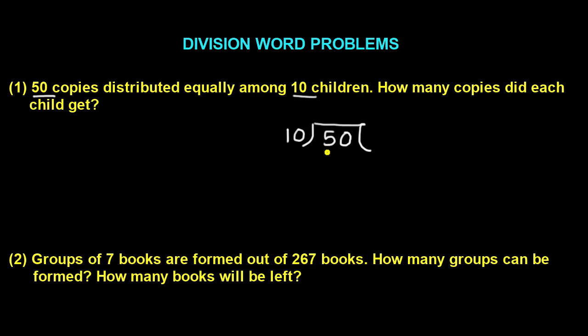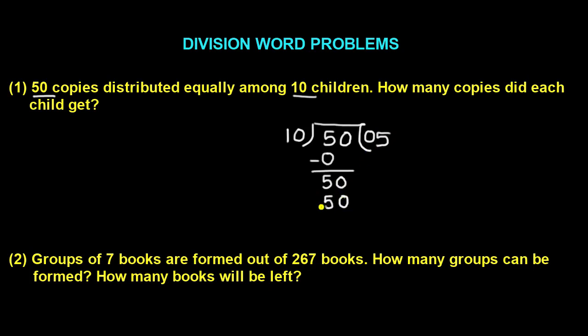First we have 5. We cannot divide 5 by 10, so we will write 0. 10 into 0 is 0. Now 5 minus 0 is 5, and bring this 0 down. So now we have 50, and 50 is divisible by 10. 10 5s are 50.